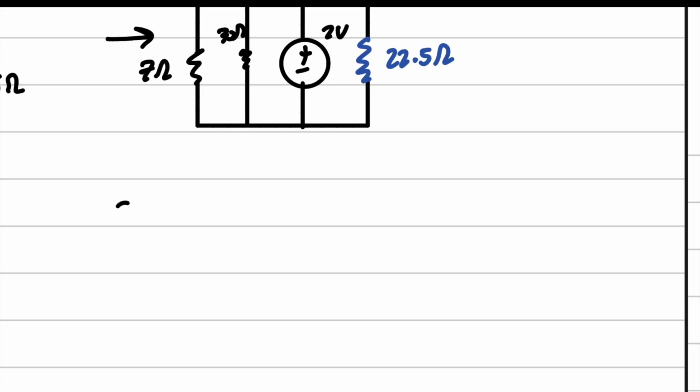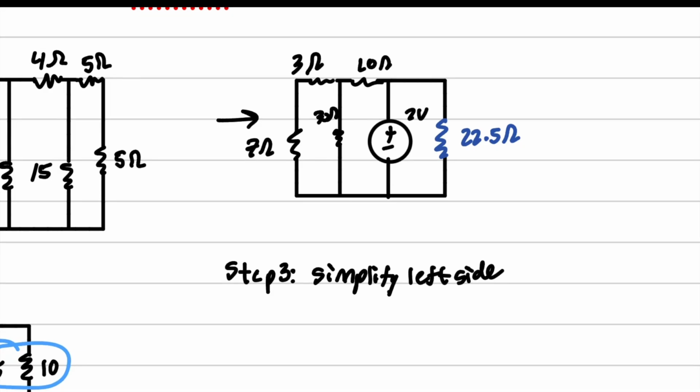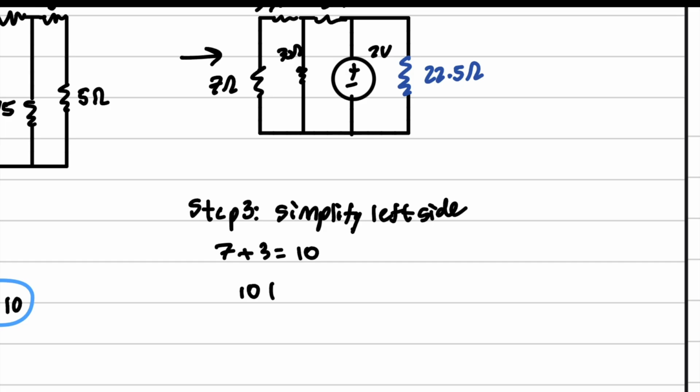So step 3, I'm just going to call it step 3, is simplify the left side. And I think from seeing that algorithm there, you can just do all of this in your head or on the calculator, but we know that 7 plus 3 is 10, and 10 is parallel with 30, so that is equal to 10 times 30 over 40 because of 10 plus 30, and we get 7.5.